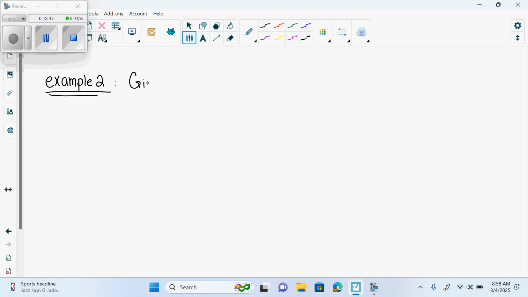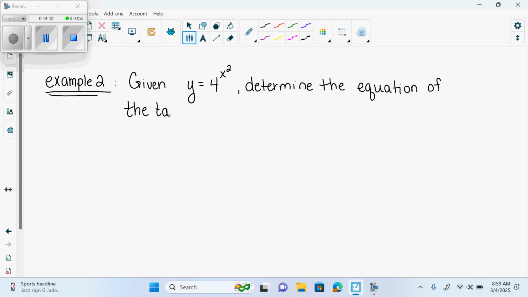So, given y equals 4 to the x squared, determine the equation of the tangent when x equals 1. y equals 4 to the 1 squared, which is 4.